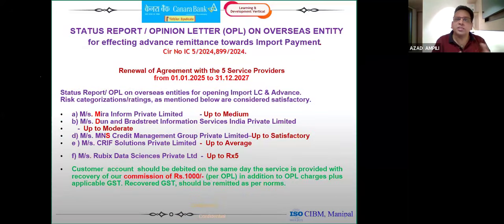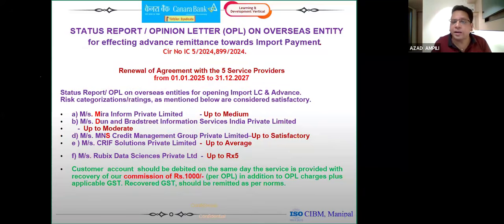Yes. See, just now I said for sending any advance remittances, we will take an opinion letter of the overseas supplier or beneficiary. For that, we have agencies, MIRA. Here my point is, everybody will have their own language, so what is satisfactory for you? They have given it very specifically. This circular is 899/2024.